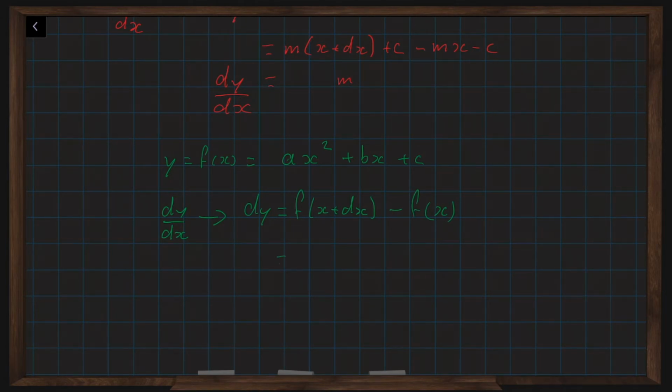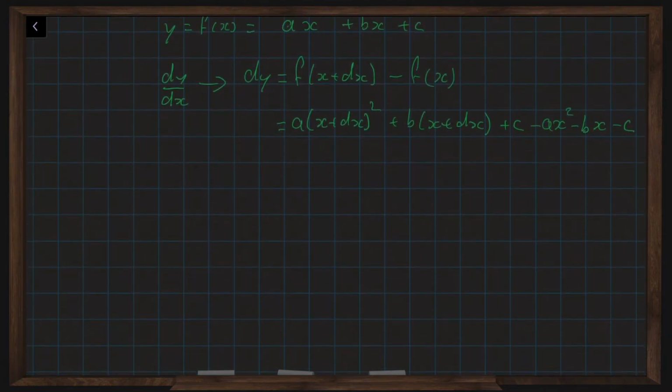Well, we substitute all the x's in the equation with x plus dx: a times (x plus dx) squared plus b times (x plus dx) plus c. And we subtract ax squared plus bx, messing up the sign there because we're subtracting, minus bx minus c. So let's expand these brackets out.